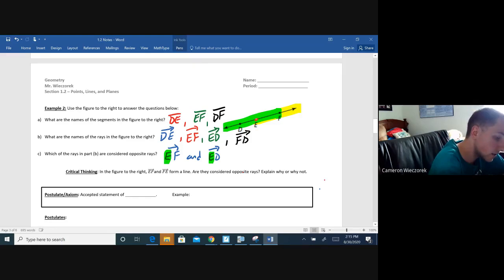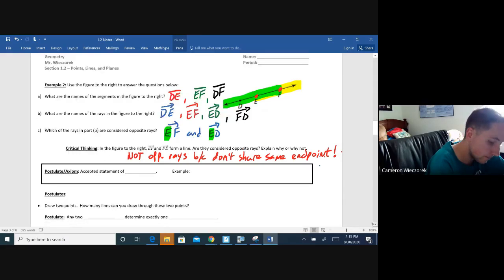Ray EF starts at point E, but ray FE starts at point F. So they are not opposite rays because they don't share the same endpoint. You have to have both conditions. They form a straight line and they start at the same endpoint.